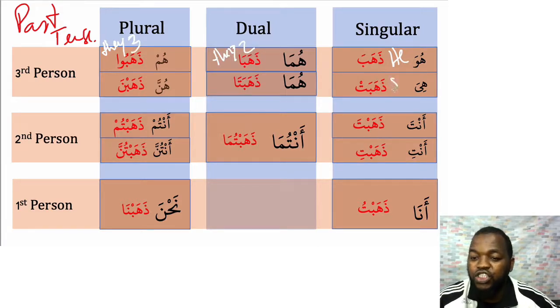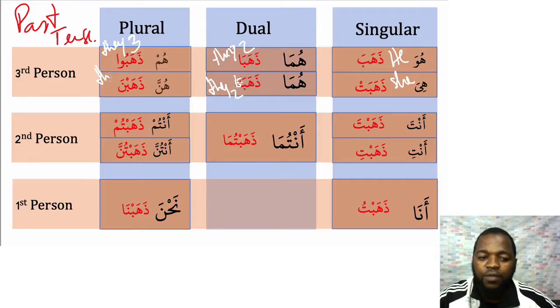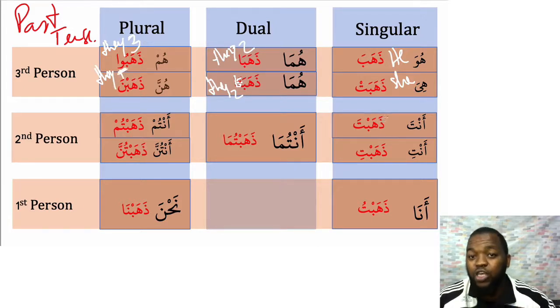Dhahabat means she went. Dhahabataa means they two went, referring to females. You see the star here. This is the doer of the action of going. Dhahabna means they went, female. Dhahabta, you went, masculine.